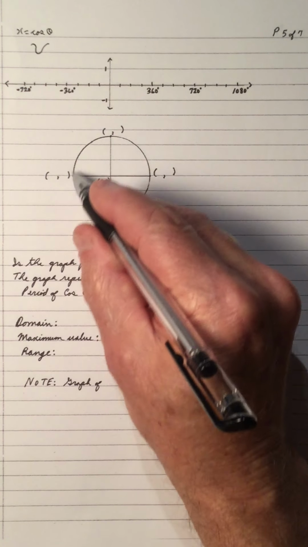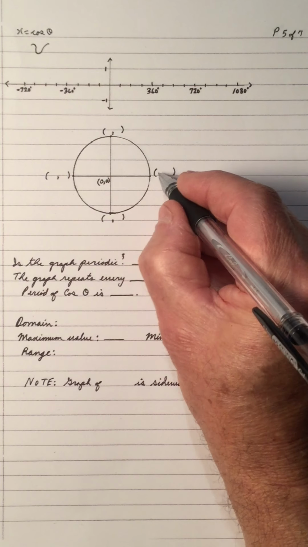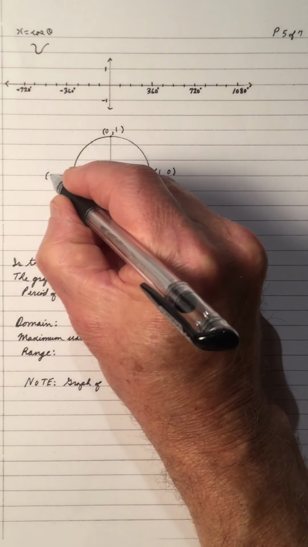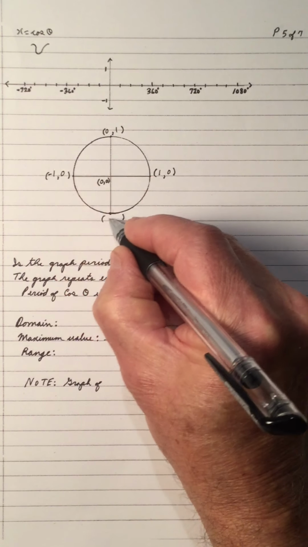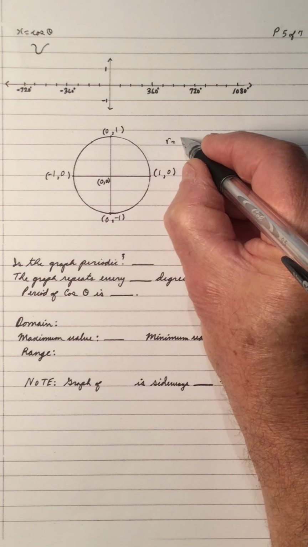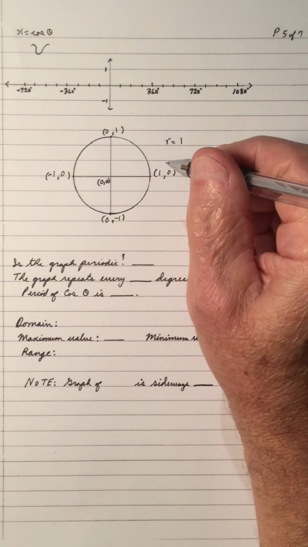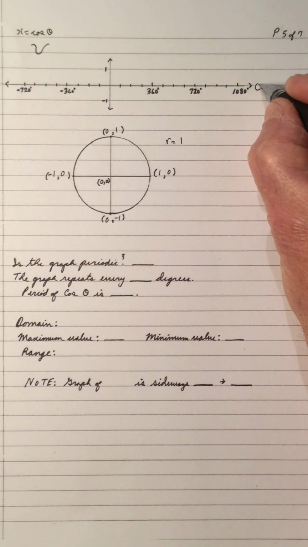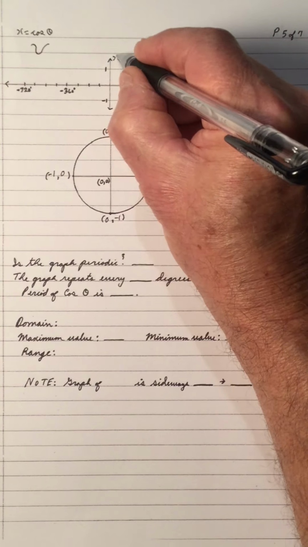I always draw this figure here. This is 1, 0. This is 0, 1. This is negative 1, 0. This is 0, negative 1. The radius of this circle is 1. It's a unit circle. So I have a grid drawn here. This is theta, and this is x.